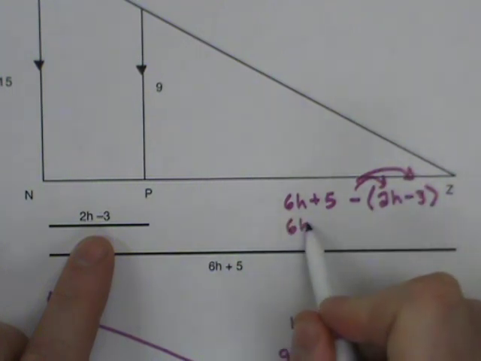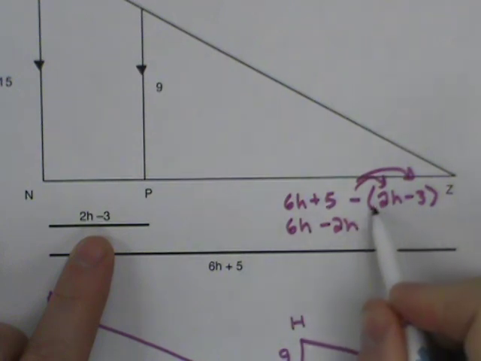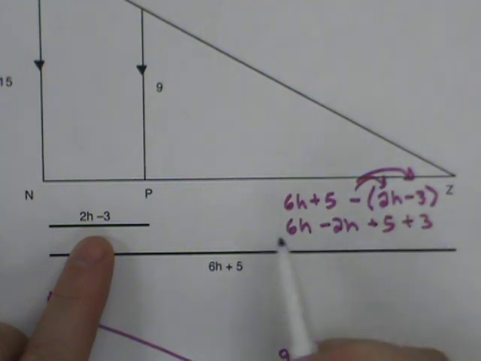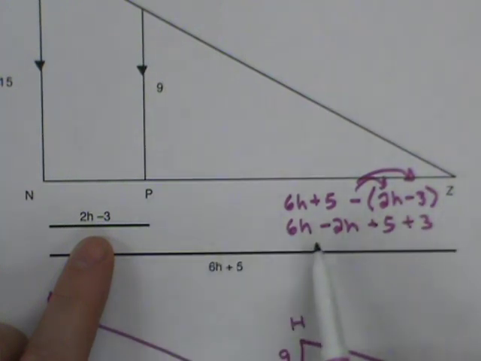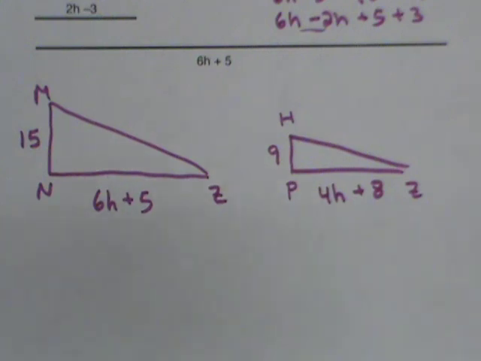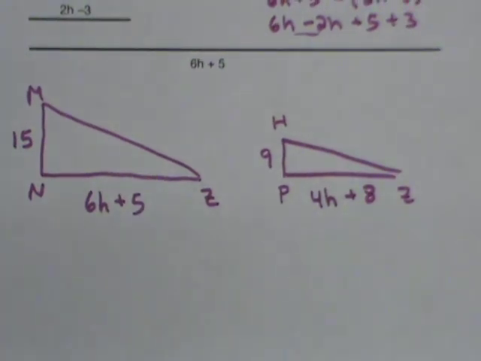And so this is 6h minus 2h, that's the first distribution, 5 plus 3, because minus a negative would be a positive. That tells me that the length from P to Z is going to be 4h, because 6h minus 2h is 4h, and 5 plus 3 is plus 8. 4h plus 8. Now, once I have that set up, I can move forward, do a proportion, and tell you what h is. Then I can come back and tell you the length of each of those segments.